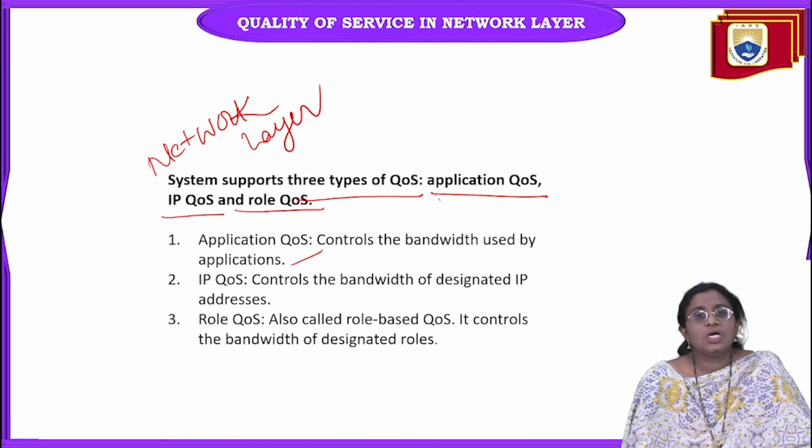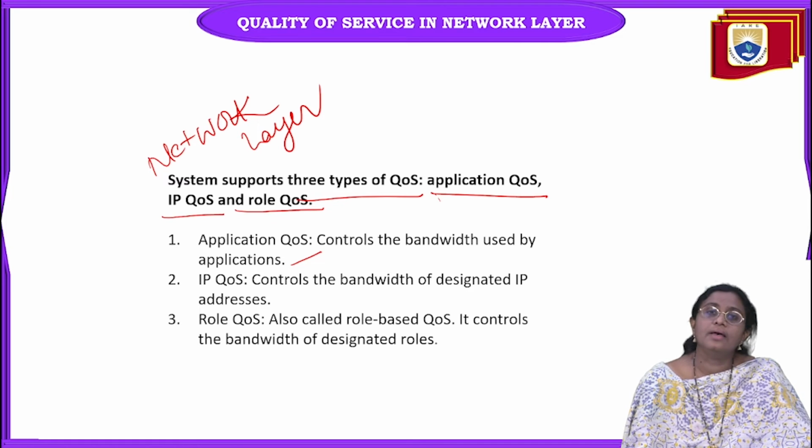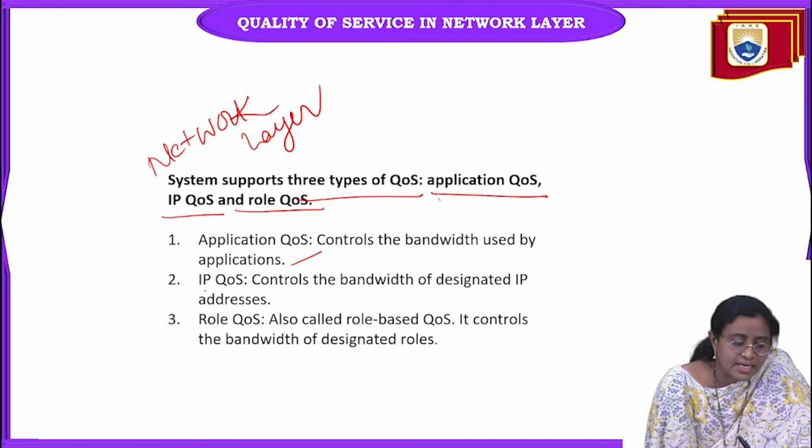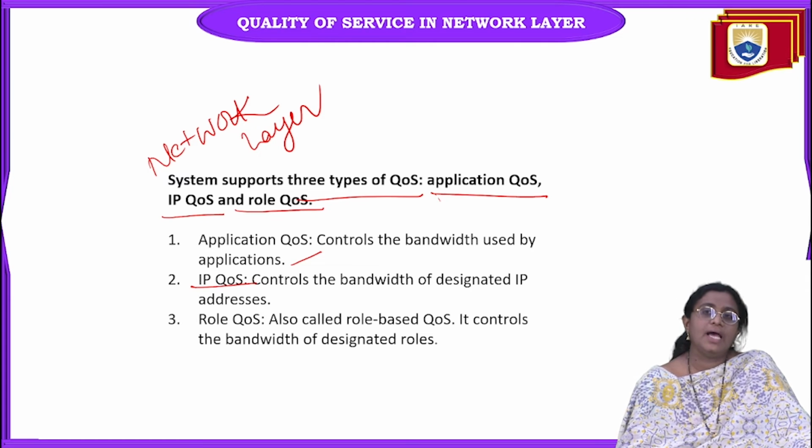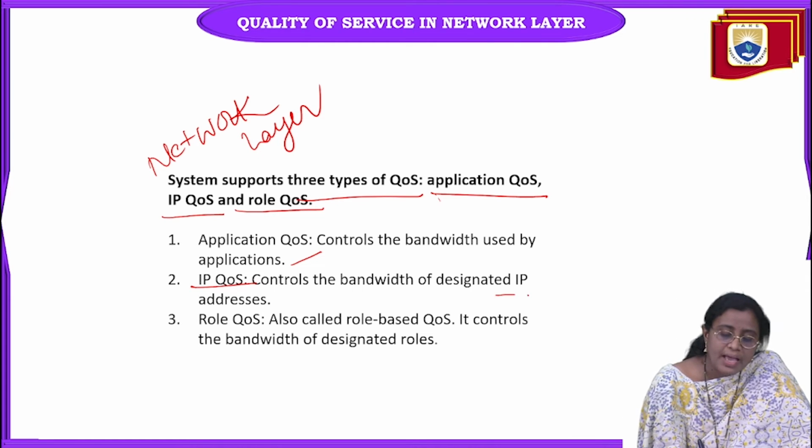This controls the bandwidth used by the applications. The second one is the IP QoS, which controls the bandwidth designated by means of IP addresses.